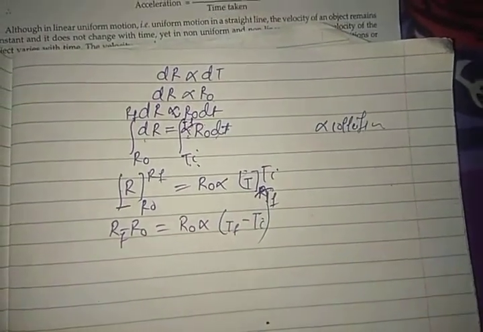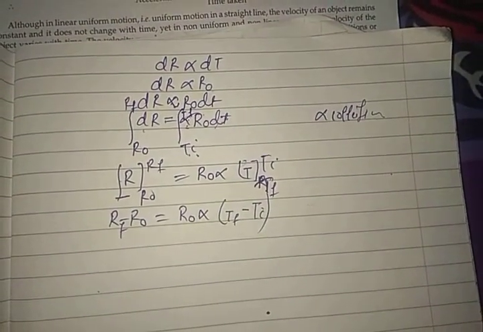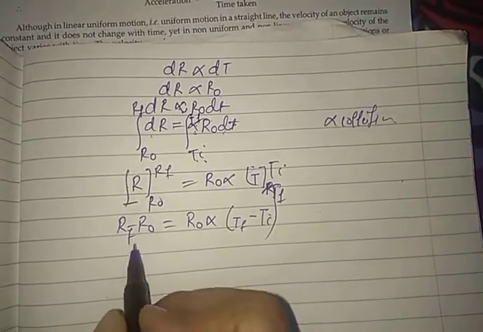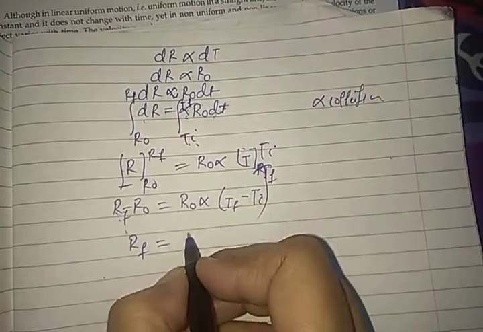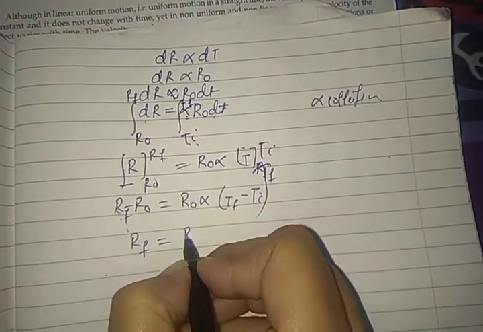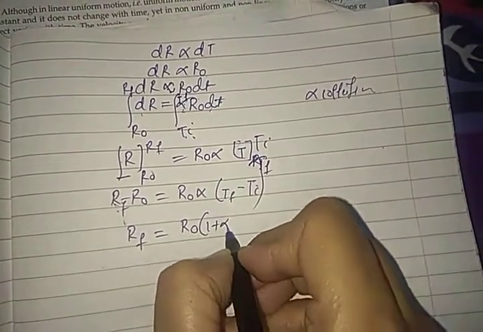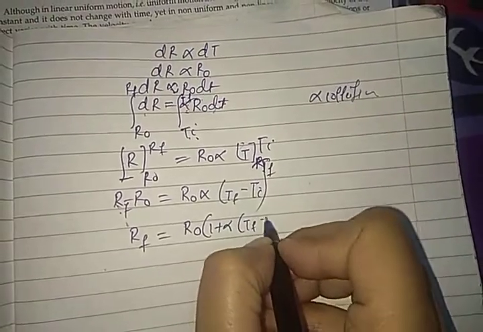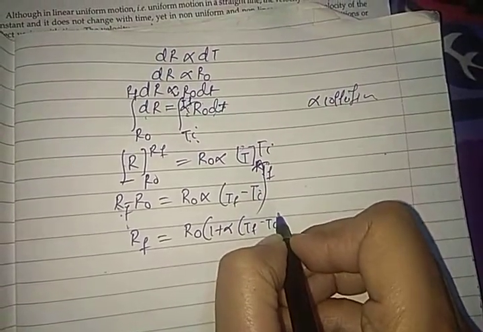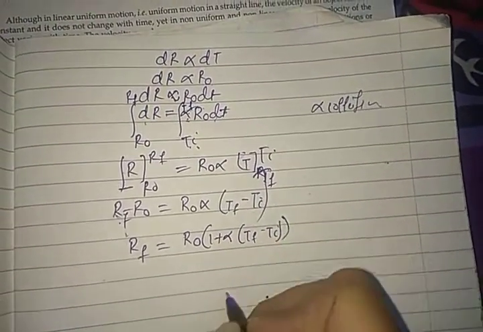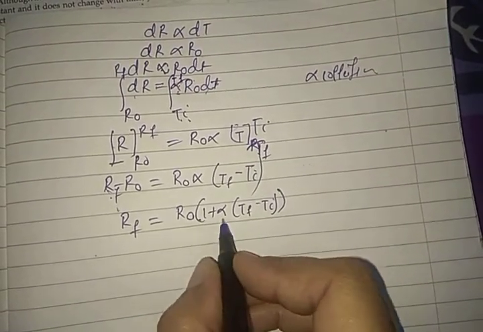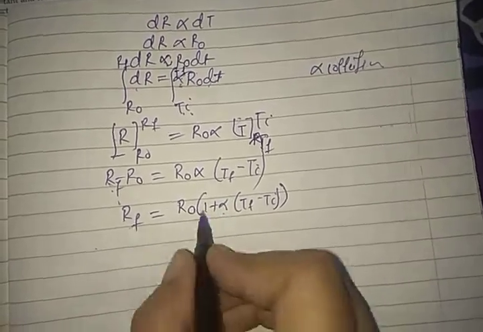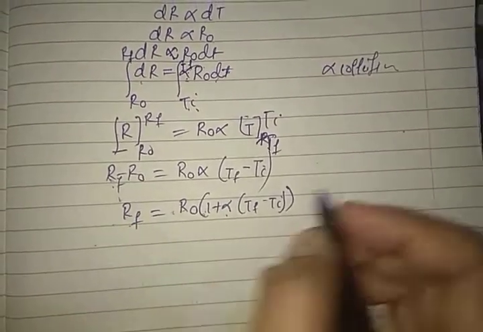Got it? Similarly, if I take out the value of Rf from here, it changes into R naught times 1 plus alpha (Tf minus Ti). Got it?